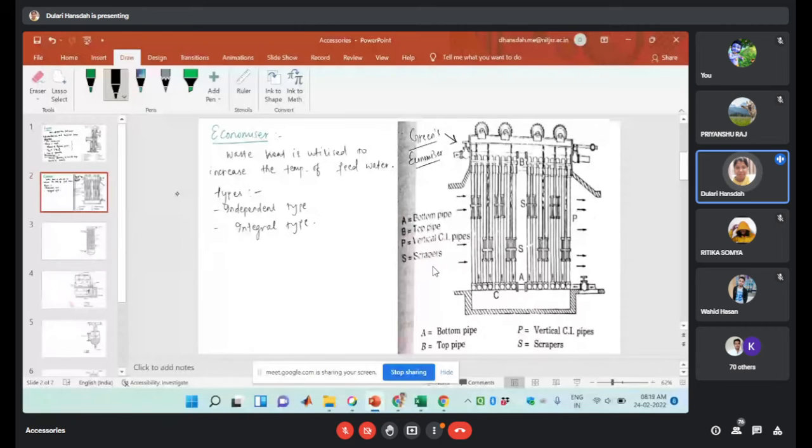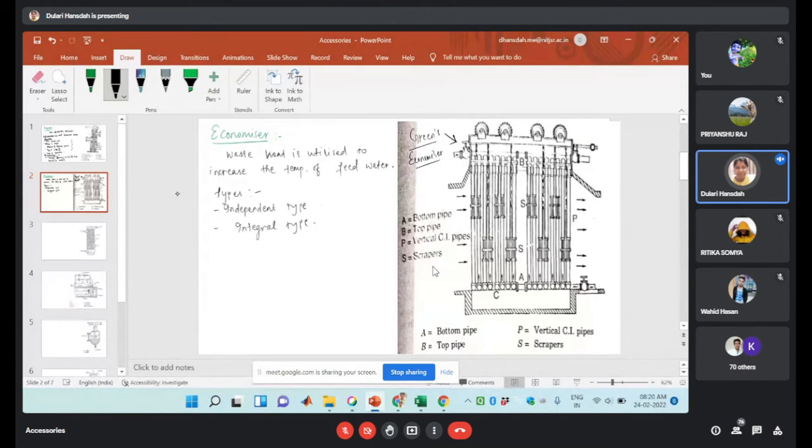And then there is the integral type. Integral type means this will be part of the boiler setting, situated near the surface of the boiler, or installed within the boiler setting.